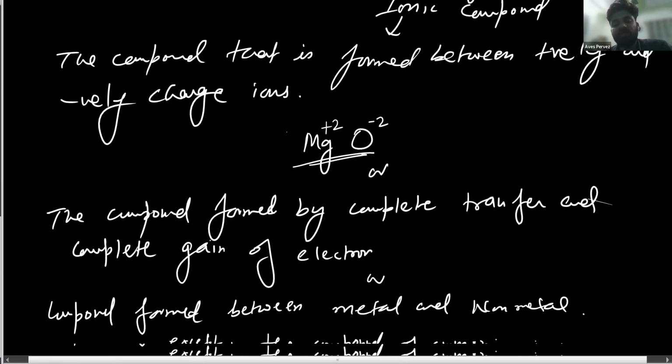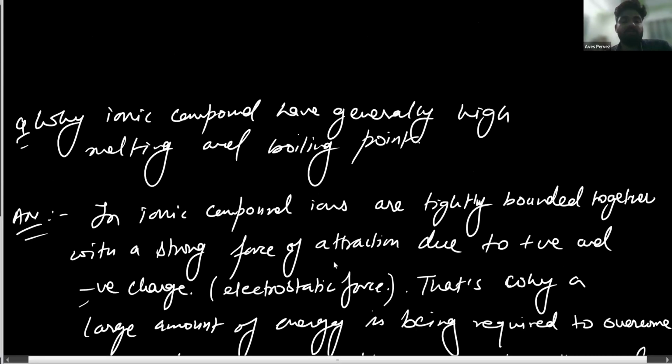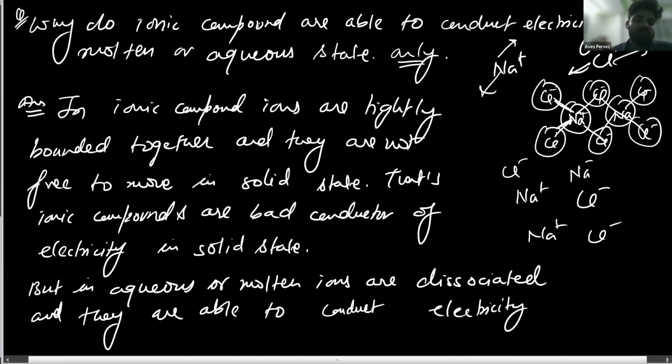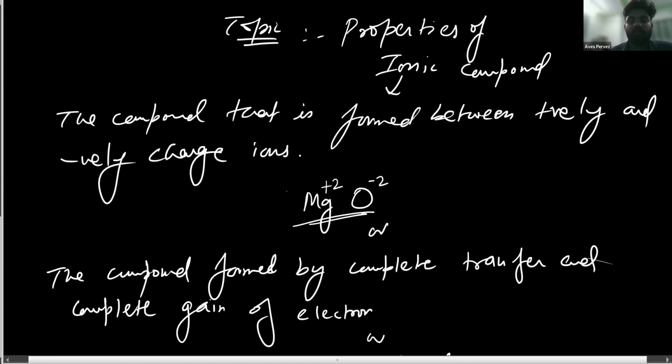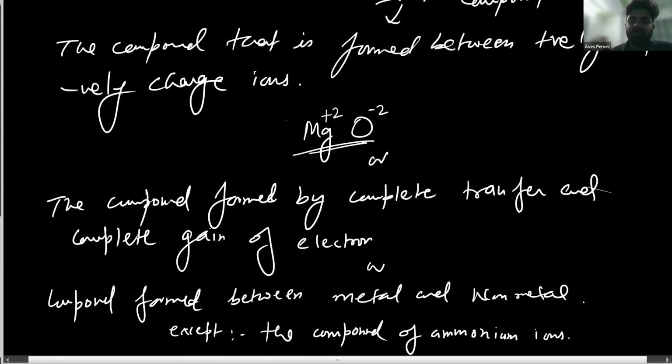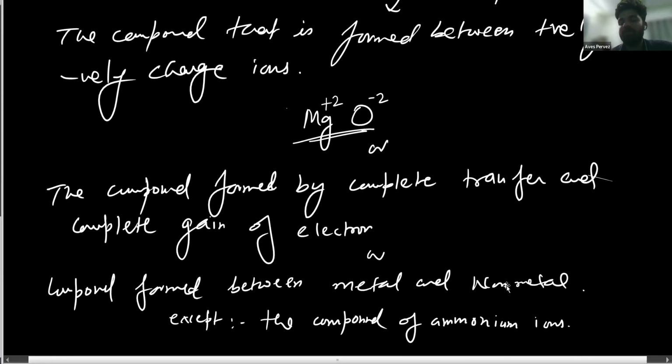Got it? And the third one is the compound formed between metals and non-metals. But there is an exception of ammonium ions.